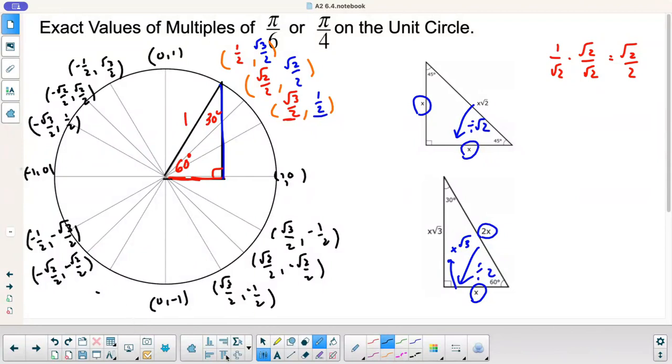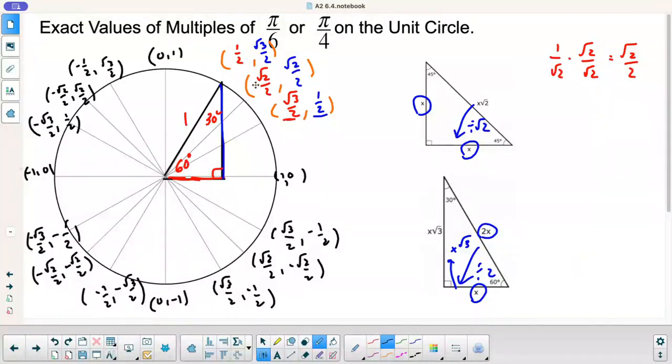Oh, wait, I screwed that up. I copied the wrong one. I did them backwards. This would be this one here. And then this one would be the same as that angle because it's a 60 there. So this would be negative 1/2, negative radical 3 over 2.